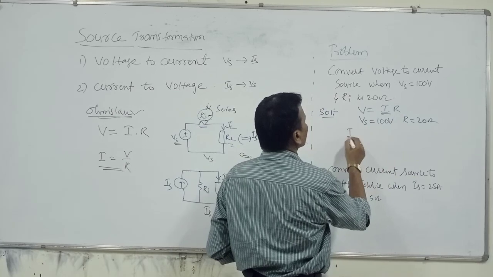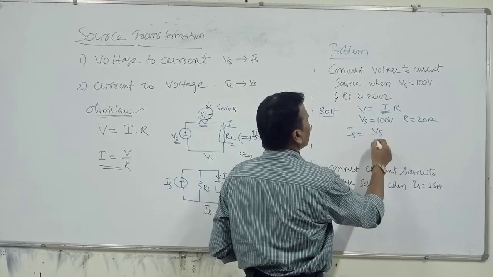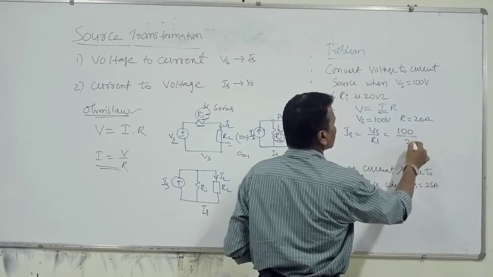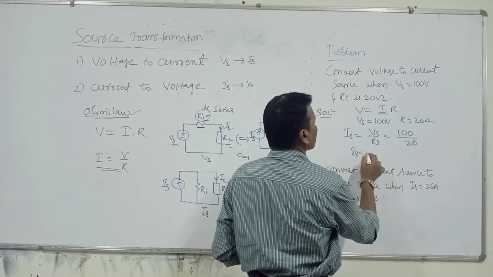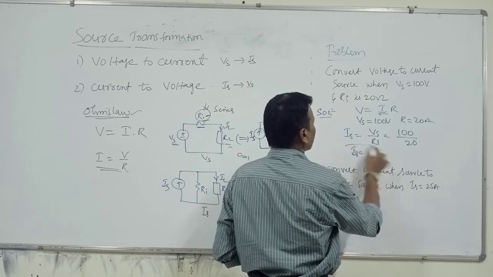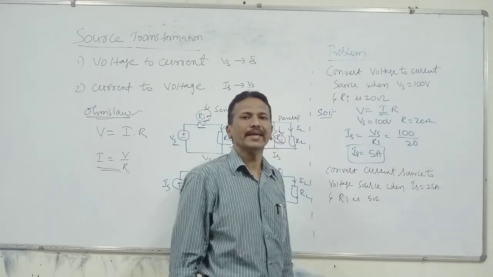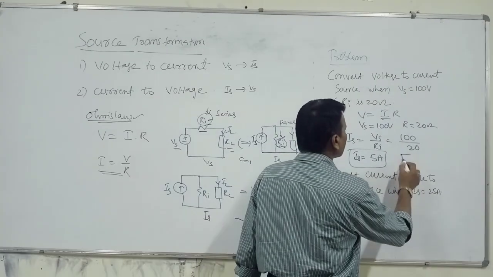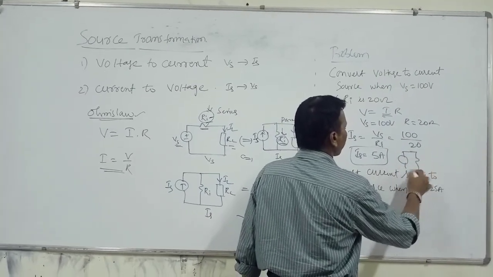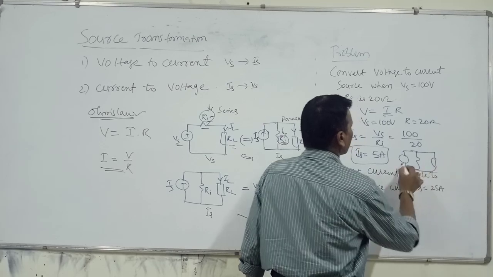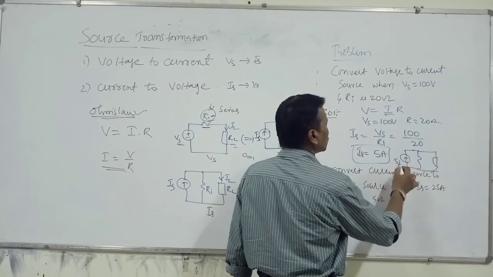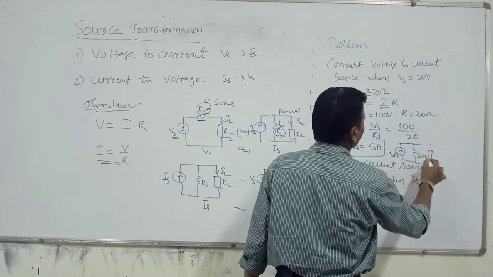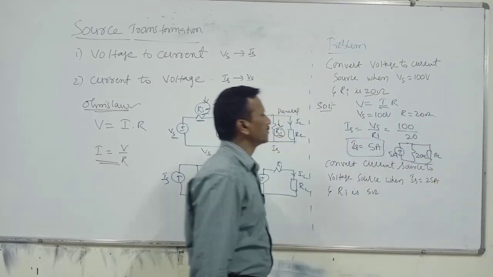What do we find here? The current source. The formula is I S equals Vs by Ri. Vs is 100 and R is 20. Then the current source is 5 amps. So how do we draw the circuit diagram? This is your current source, 5 amps, with a resistance of 20 ohms across the load resistance.